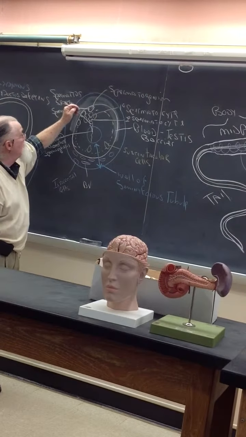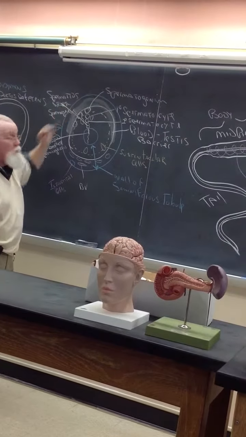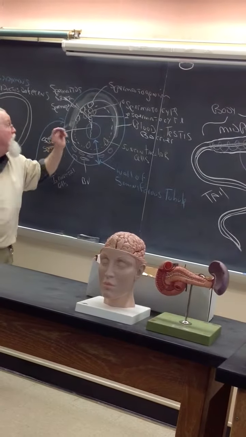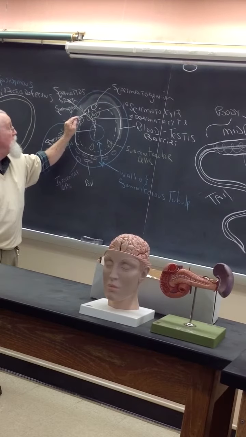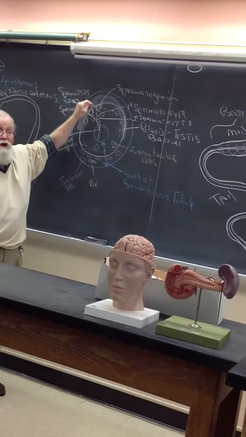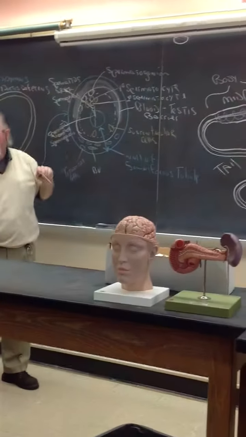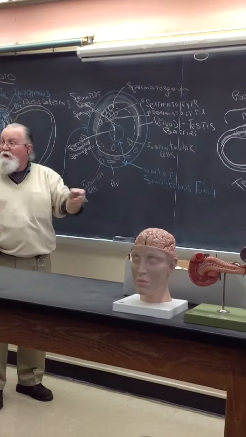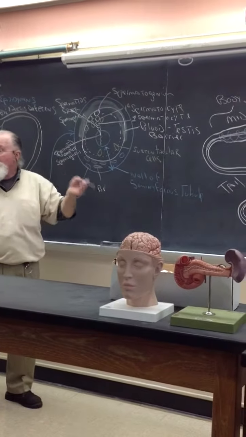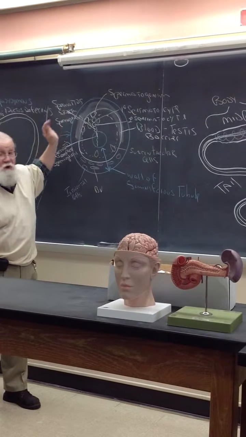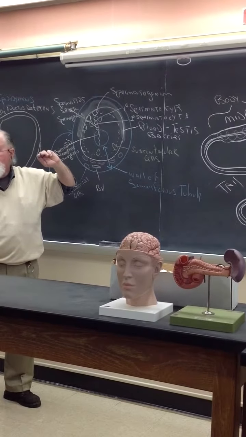And spermatogonium will undergo mitosis, meaning the making of another spermatogonium, and then one will stay behind and one will differentiate. That way you have one that can do that again and again and again. Quite a bit different from the female.